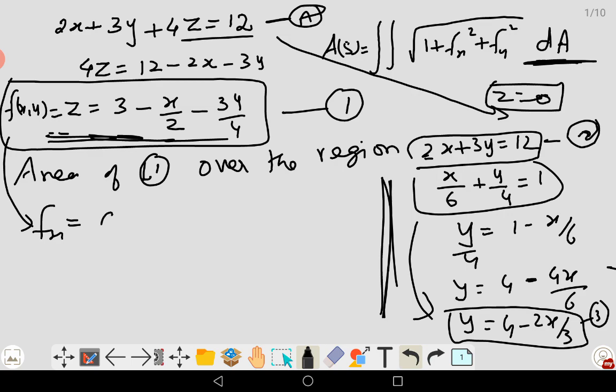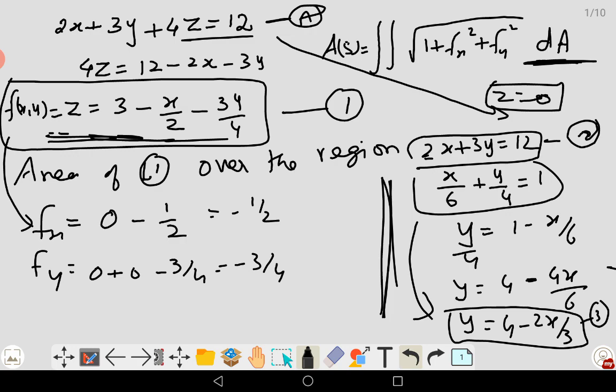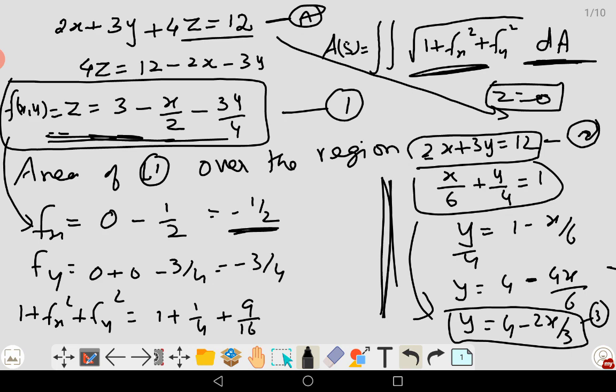So fx, first term is 0 minus 1 over 2, that is it, negative 1 over 2. What is fy? First term is 0, second term is also 0, third term is minus 3 by 4. So 1 plus fx square plus fy square that are going to be used in this integral will be 1 plus negative half square, 1 by 4, and 9 by 16.